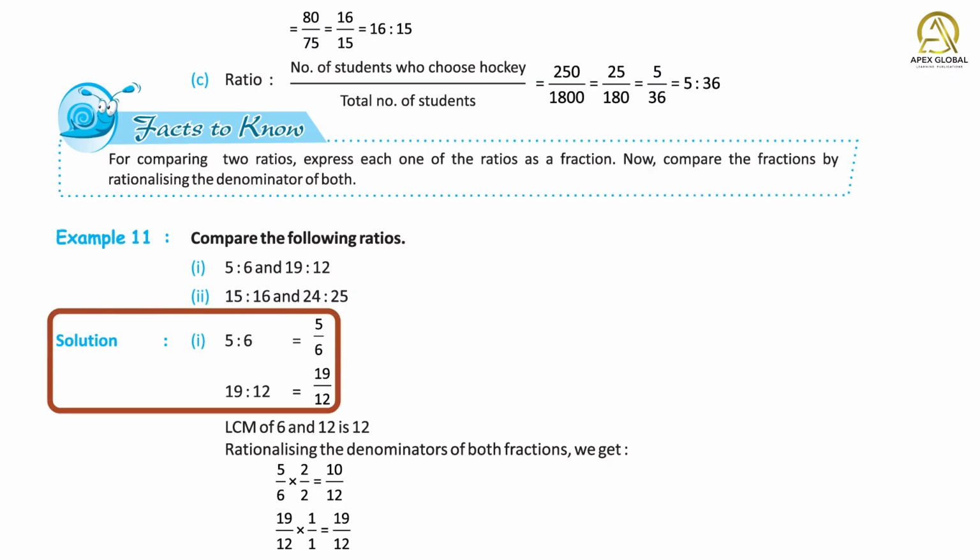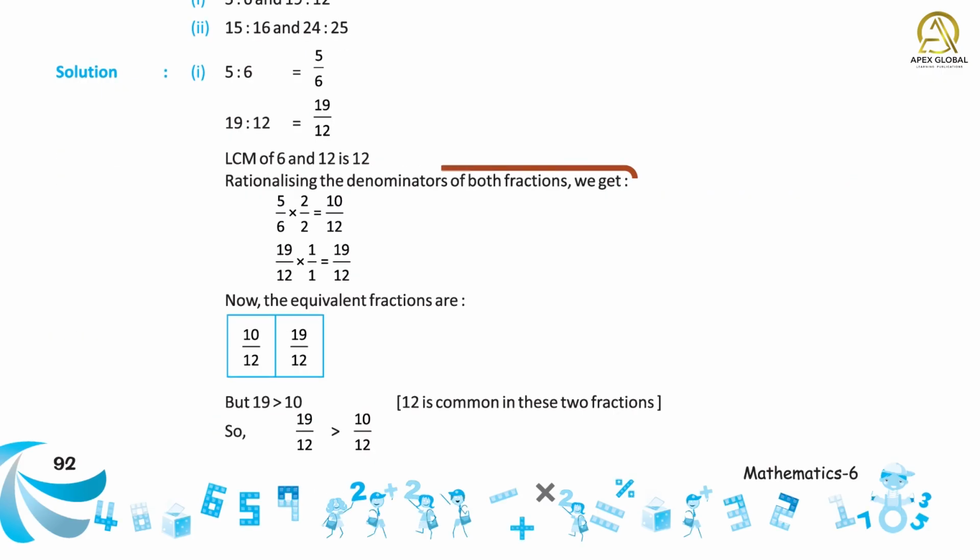Solution. First, 5:6 equals 5 upon 6. 19:12 equals 19 upon 12. LCM of 6 and 12 is 12. Making the denominators the same, we get 5 upon 6 into 2 upon 2 equals 10 upon 12, and 19 upon 12 into 1 upon 1 equals 19 upon 12.